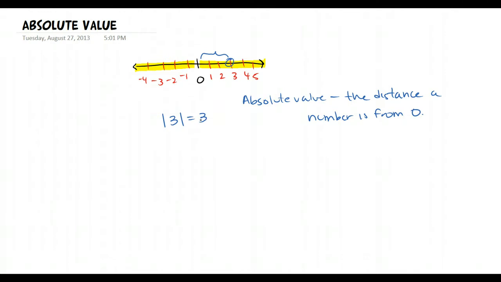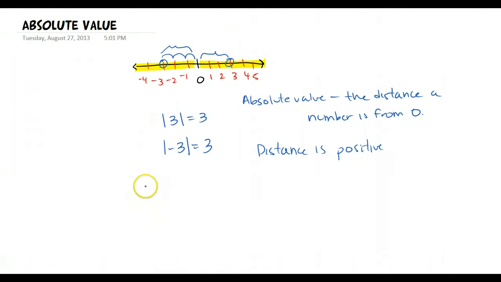Now there's another number on this number line whose absolute value from 0 is also 3, and that would be the number -3. This number here is also 1, 2, 3 units away, so its absolute value of -3 is also 3. So basically, distance is always positive. So distance is positive, and inside those bars, you're going to make everything positive once it comes out.